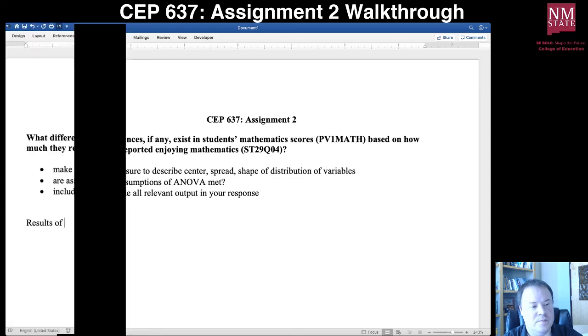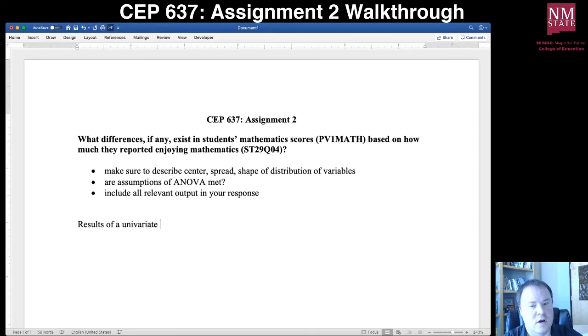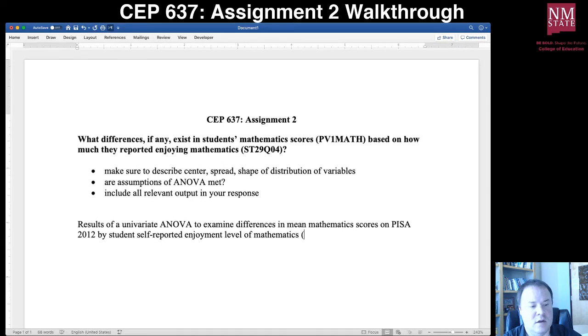Results of a univariate ANOVA, I would say, to examine differences in mean mathematics scores on PISA 2012 by student self-reported enjoyment level of mathematics.